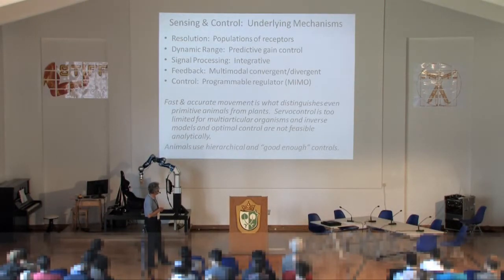So again, being able to make fast and accurate movements is essentially the fundamental thing that differs animals from plants.